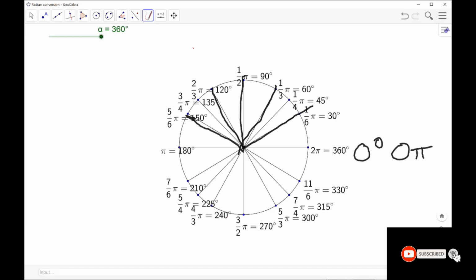So 0 plus 30 will be 30, 30 plus 30 will be 60, 60 plus 30 will be 90, 90 plus 30 will be 120, 120 plus 30 will be 150, and 150 plus 30 would be 180. 180 plus 30 would be 210, 210 plus 30 would be 240, 240 plus 30 would be 270, 270 plus 30 would be 300, 300 plus 30 would be 330, and then 330 plus 30 would be 360.